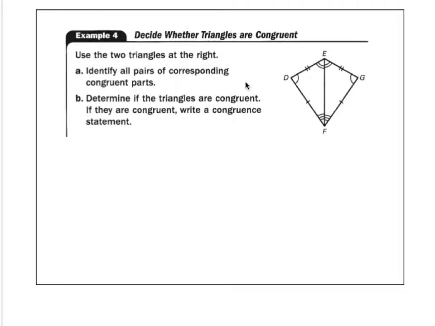And fourth example: use the two triangles at the right to identify all pairs of corresponding congruent parts. So it's already labeled for us. Let's start with the angles. Angle D and angle G are congruent. And angle DEF is congruent to angle GEF.